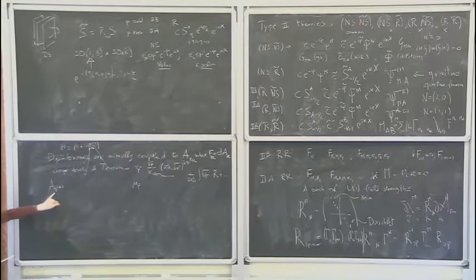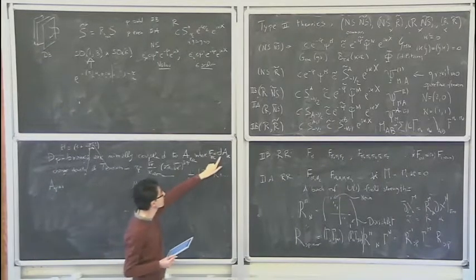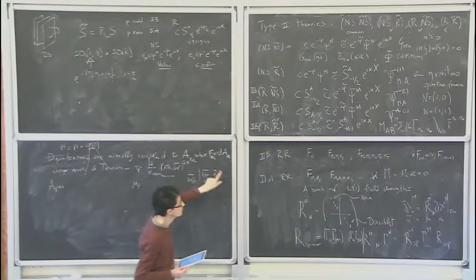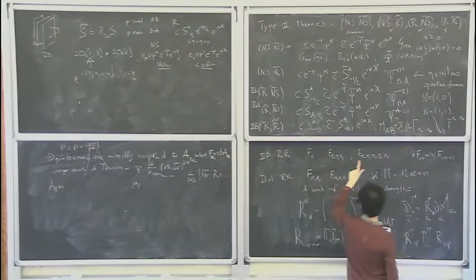The minimal coupling produces the A with indices 0, 1, 2, 3, 4, up to p. And then you can check, if p is odd for type IIB, p+1 is even, and the exterior derivative of it is p+2, again odd, and that's what you had.